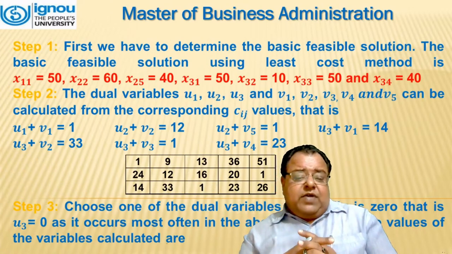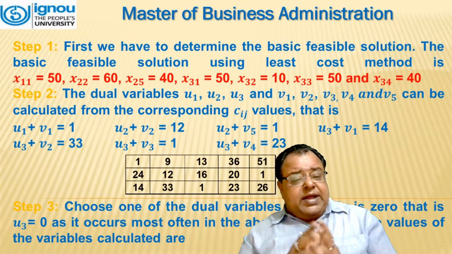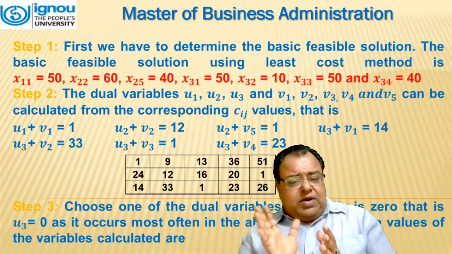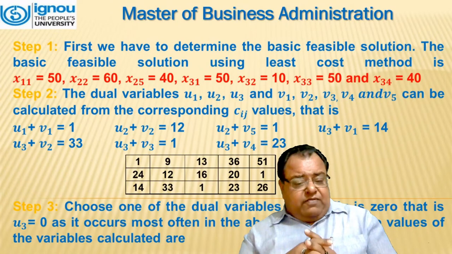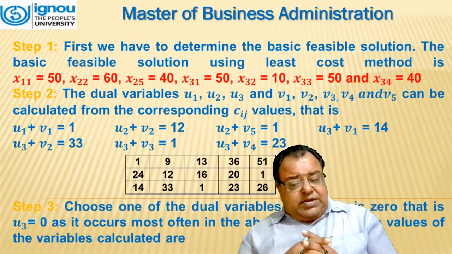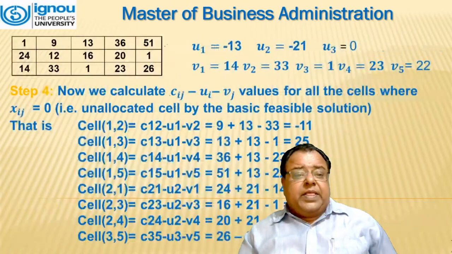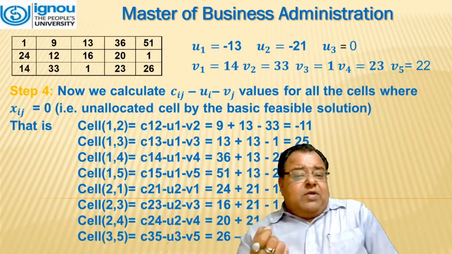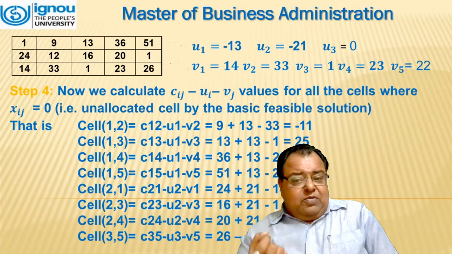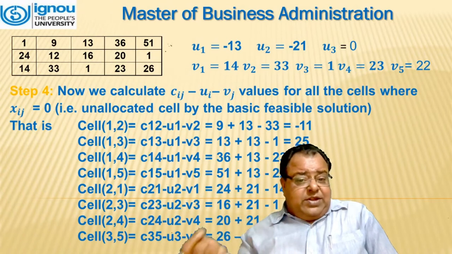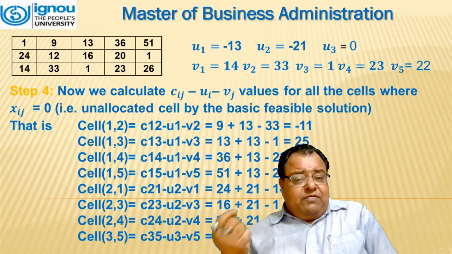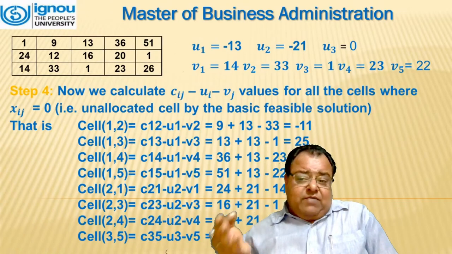Now, we choose one of the variables arbitrarily as 0, that is u3 equal to 0. As it occurs often in the above equations, the values of the variables calculated are now u1 equal to minus 13, u2 minus 21, u3 0, v1 14, v2 33, v3 1, v4.